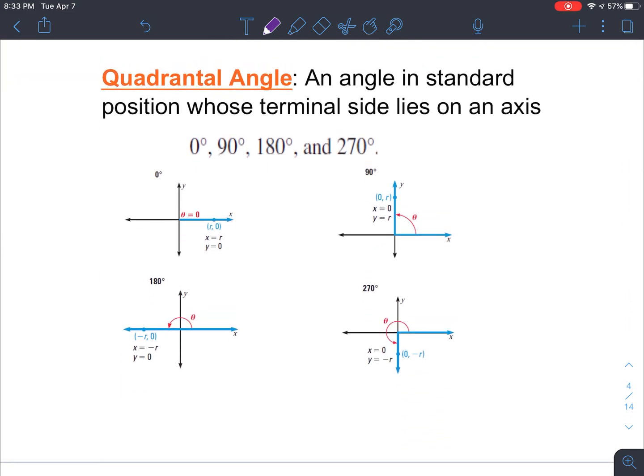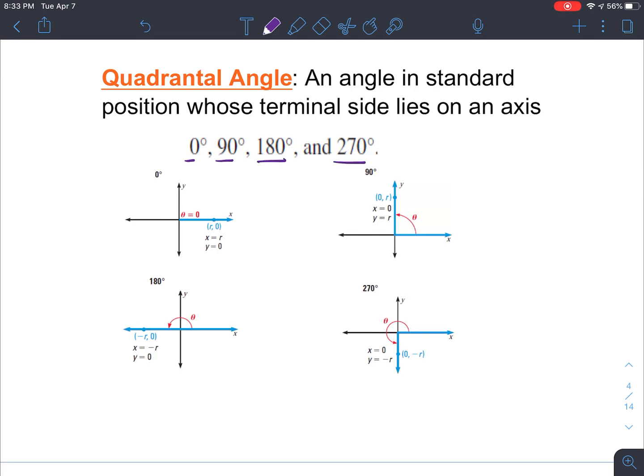So now, we do need one other vocabulary word, and it's the quadrantal angles. Okay, these are the special angles that fall on an axis, okay? So for the most part, we've only talked about what happens in quadrant 1, quadrant 2, quadrant 3, quadrant 4. But we're ignoring these angles that represent the quadrants themselves.